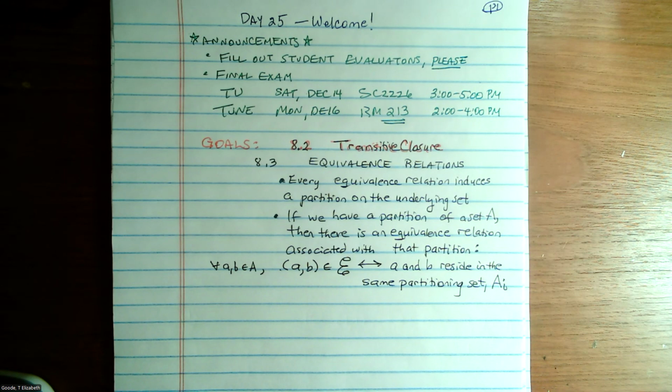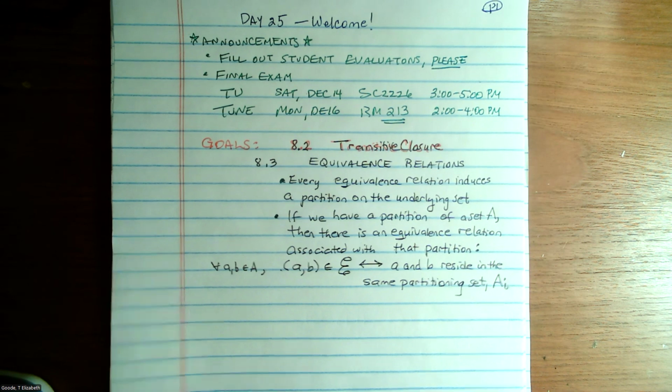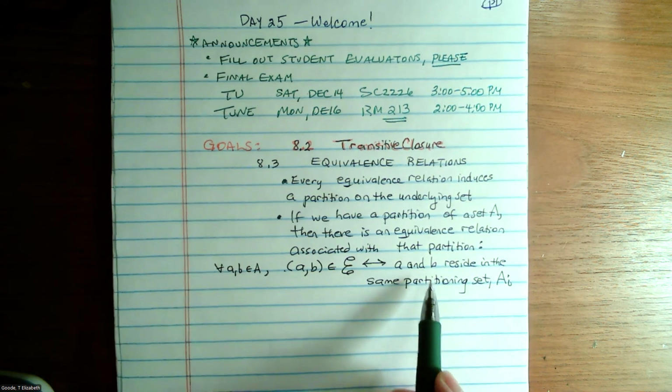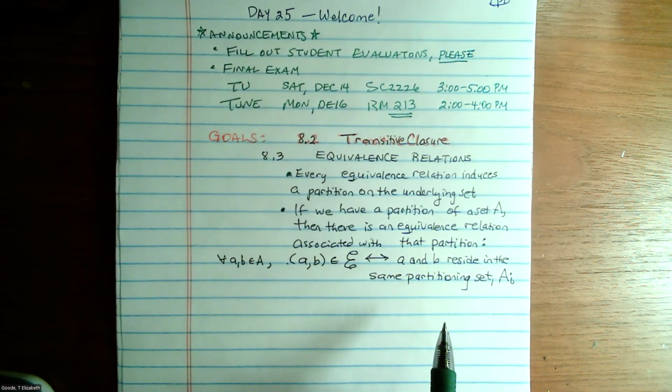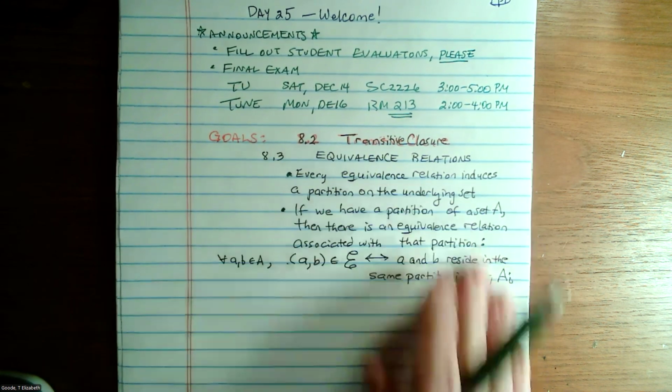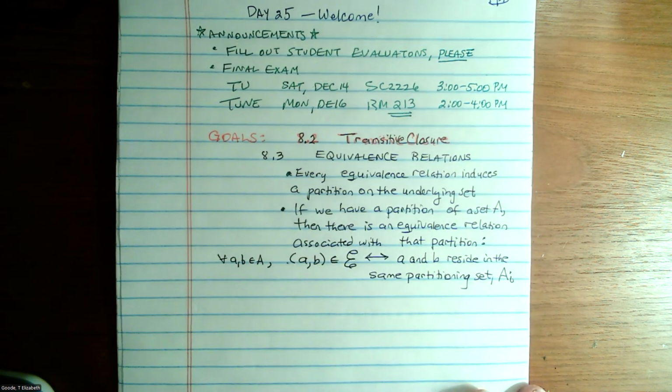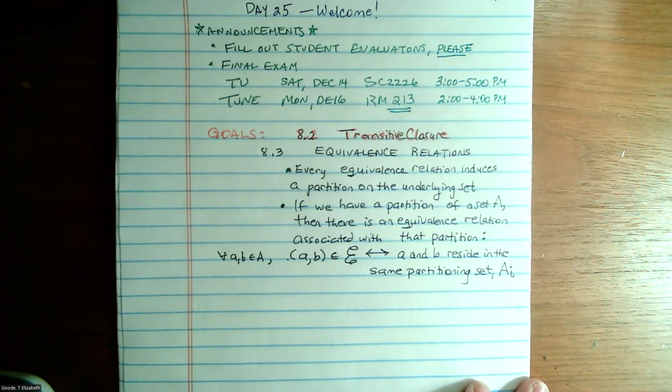Those are the little subsets that we union up to build the big set A. So if 2 elements are in the same subset of A, called a partitioning set, then they wind up being related to each other. So we're going to look at several exercises and make this, I hope, crystal clear tonight.